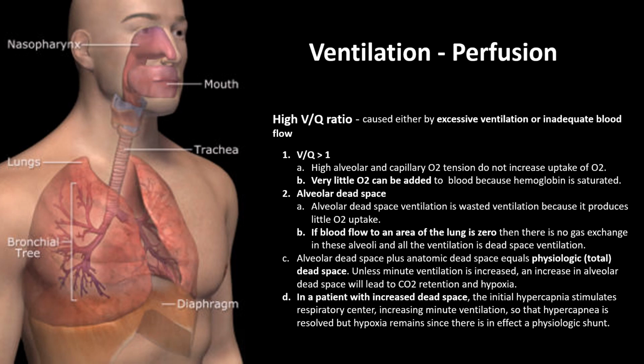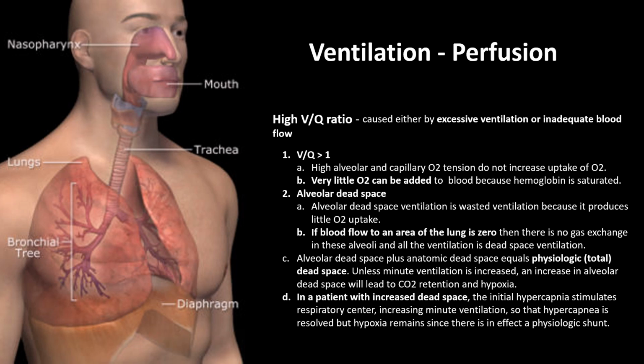If blood flow to an area of the lung is 0, in other words, VQ ratio equals infinity, then there is no gas exchange in this alveoli and all the ventilation represents dead space ventilation. Alveolar dead space plus anatomic dead space equals physiologic or total dead space.